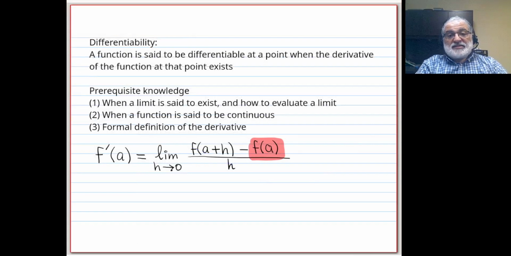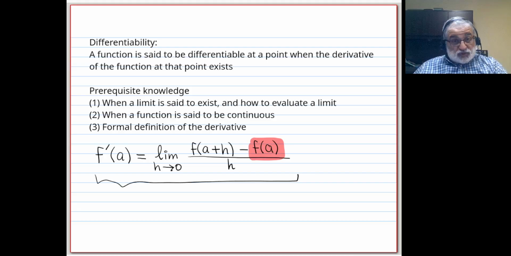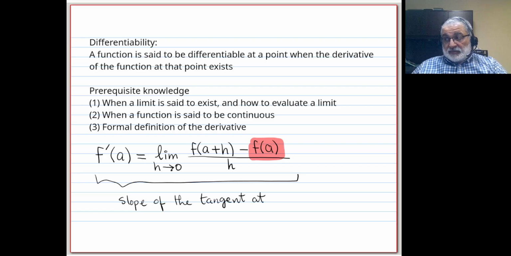So what is another possibility for the derivative not to exist? Remember that this derivative right here is also the slope of the tangent at x equals a.